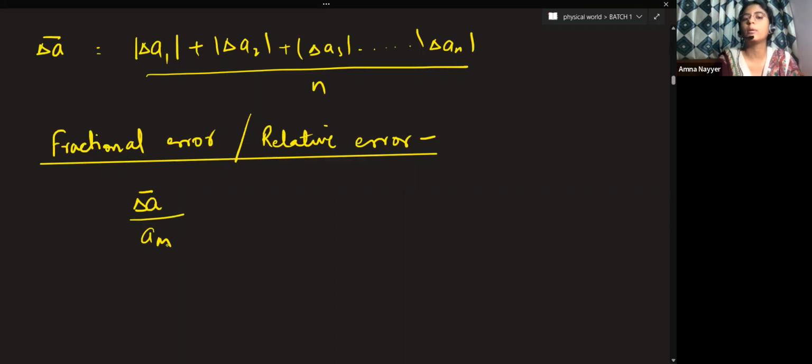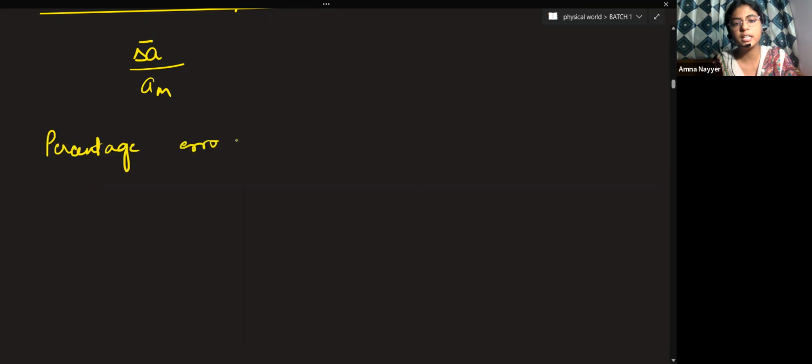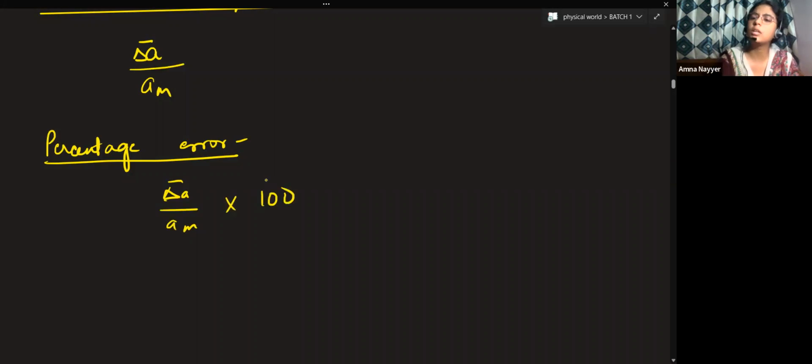This is how you calculate the fractional error. And if I ask you for the percentage error, this is even easier than the previous one. If you have got your fractional error, multiply it by 100, and that gives you the percentage error. The answer will come out in terms of percentage only.